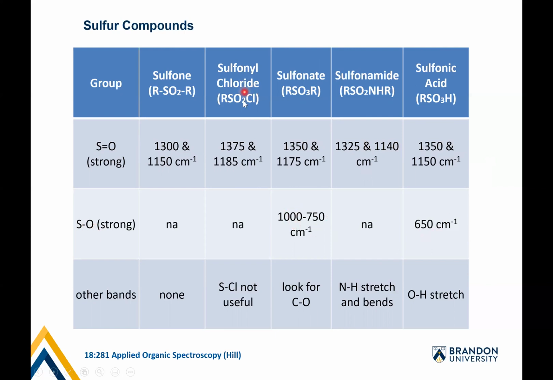If it's a chloride or a sulfonamide, the SCl bond is not useful, so you can't really look for that. But if it's a sulfonamide, the NH stretches and bends will appear where they normally appear. So you basically have to rely on those stretches and put them together in that fashion. A sulfonic acid will, of course, have the OH stretch as well.